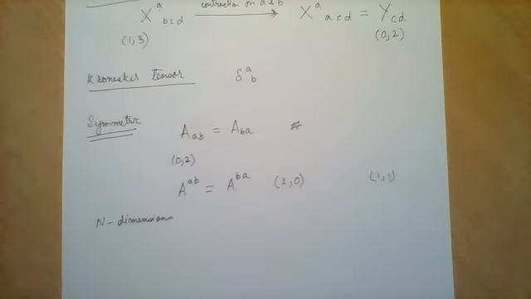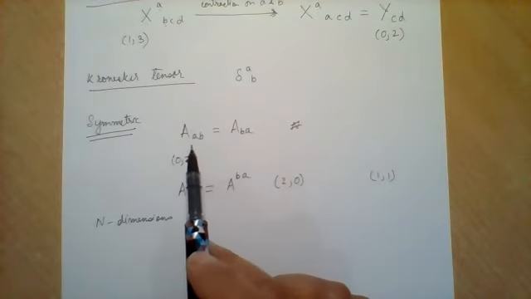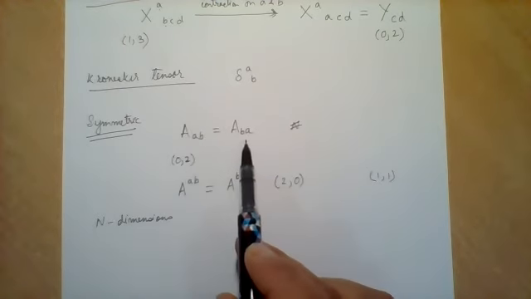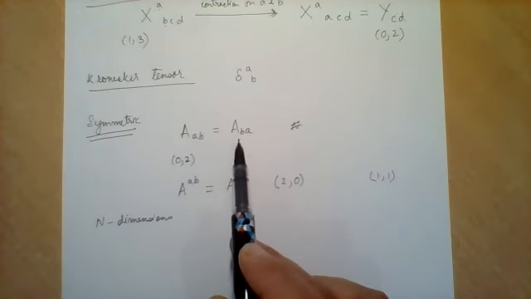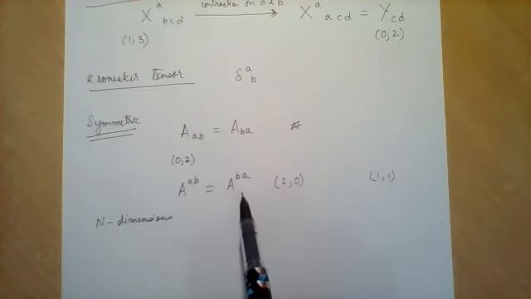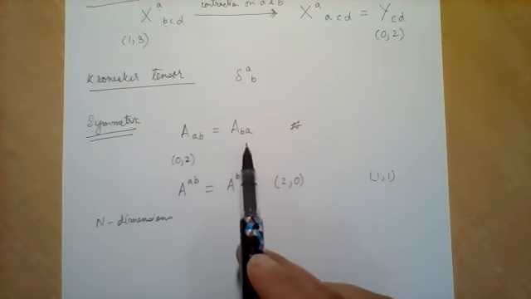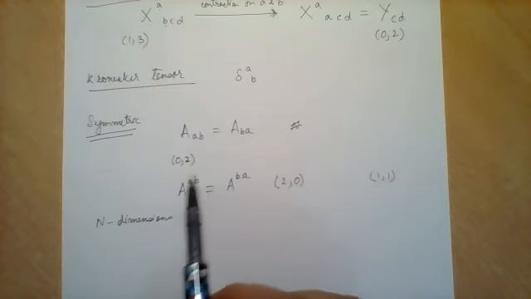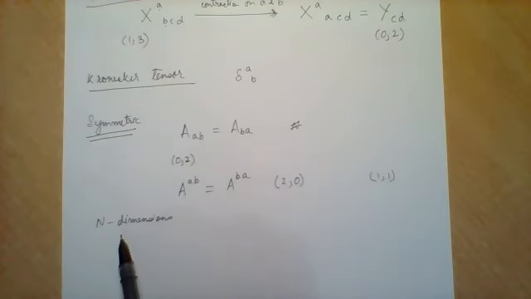Tensors of rank 2 can be represented by matrices. These are like the elements of a matrix. So an n by n square matrix has n square elements.